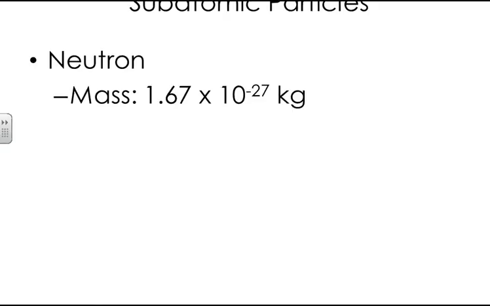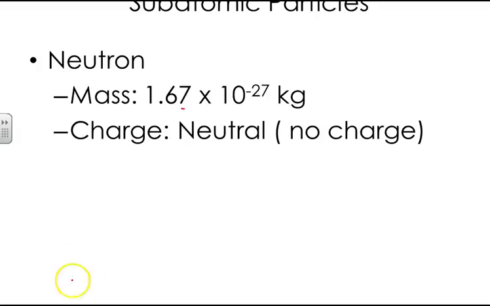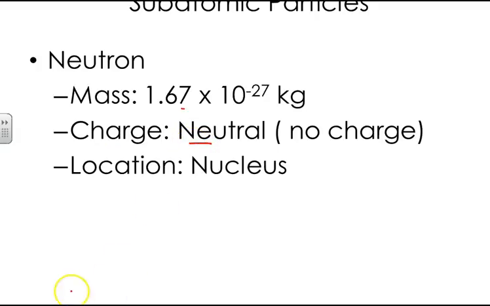The next subatomic particle is the neutron. The neutron has a mass that, to the second decimal place, is identical to that of a proton. If you go out more decimal places, it's actually slightly more massive. It has a charge, as the name neutron implies, that is neutral, so it has no charge. And its location is also in the nucleus. So the nucleus is made up of 2 particles, the protons and the neutrons.